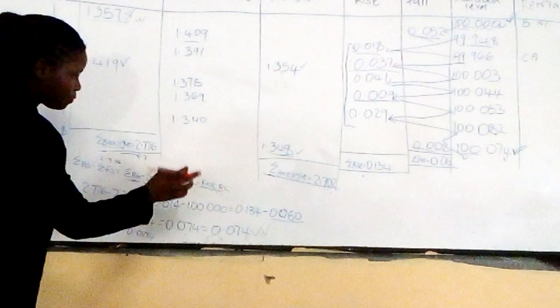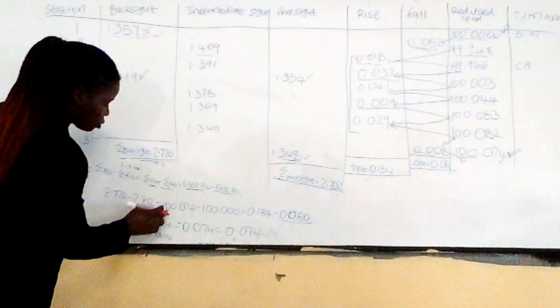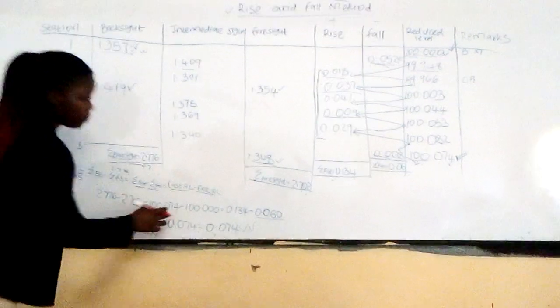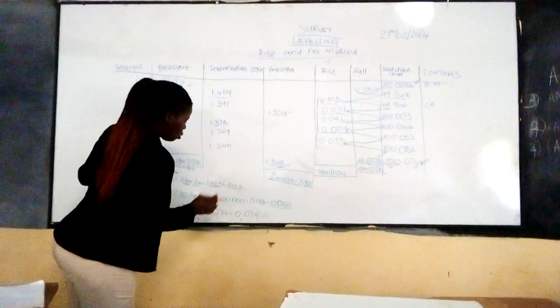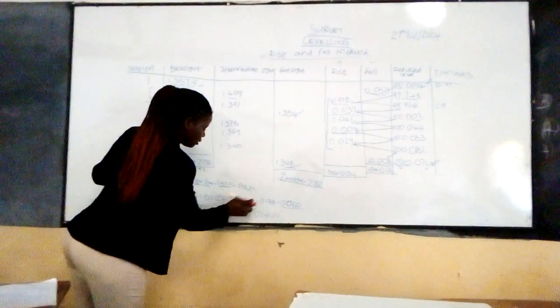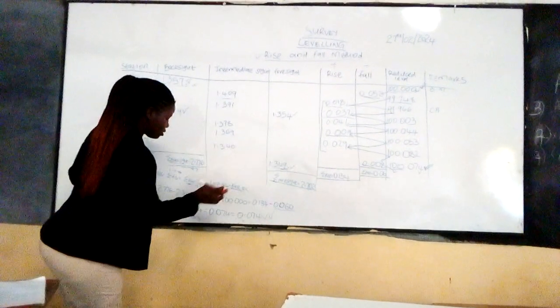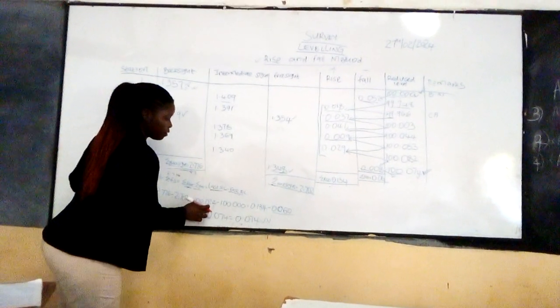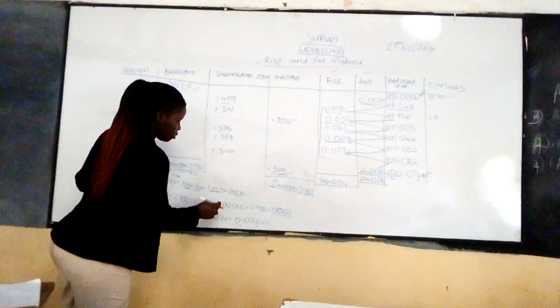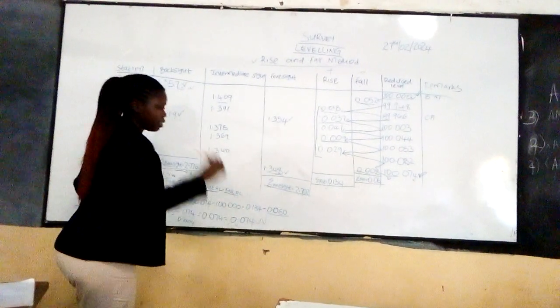Again, our rise was 0.134 minus our fall was 0.06. Our last reduced level was 100.074, and our first reduced level was 100.00.